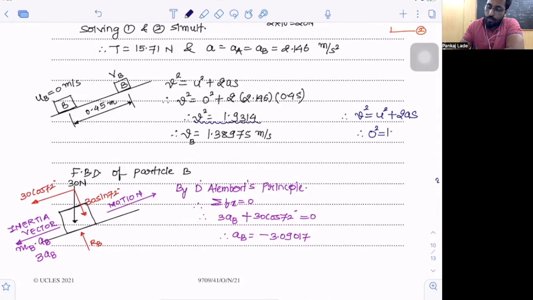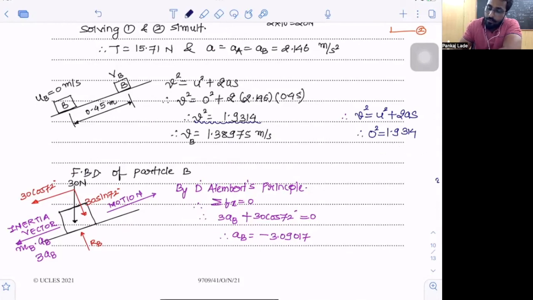You know it, right? Now for the second journey after the breaking of A has happened, this part will have what initial velocity? It's the final velocity of the first journey, right? So 1.9314 plus 2 times the acceleration I've got, which is minus 3.09017.